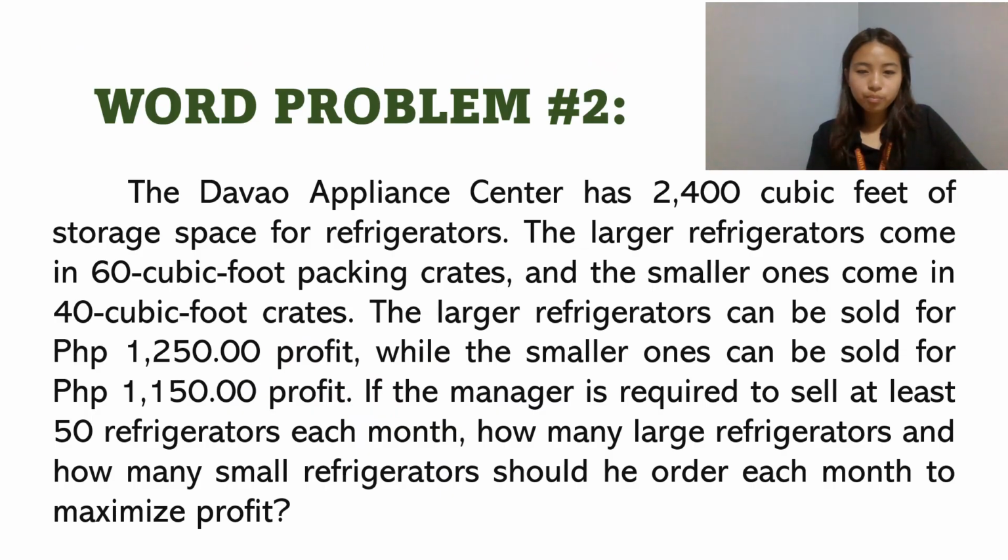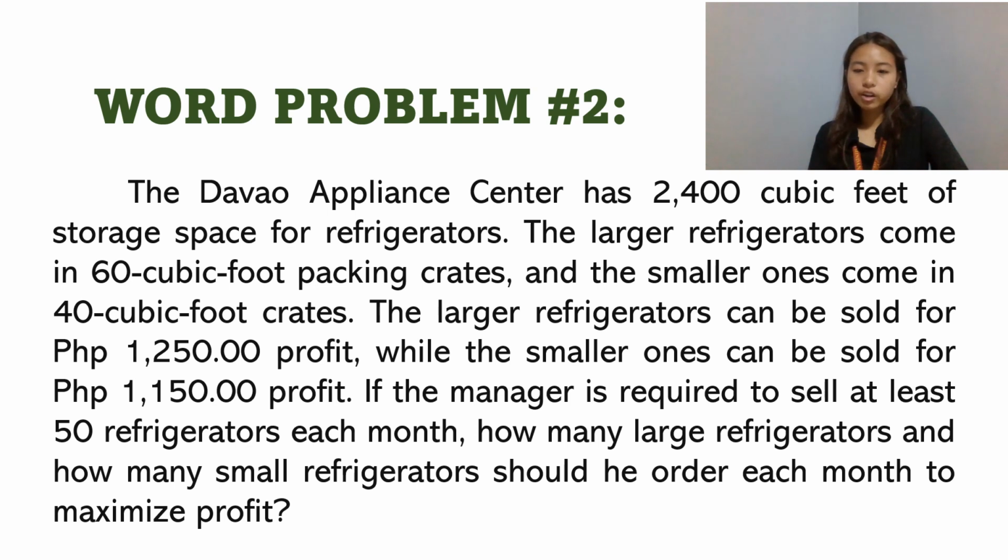So this is our word problem number 2. The Davao Appliance Center has 2,400 cubic feet of storage space for refrigerators. The larger refrigerator comes in 60 cubic foot packing crates, and the smaller ones come in 40 cubic foot crates.